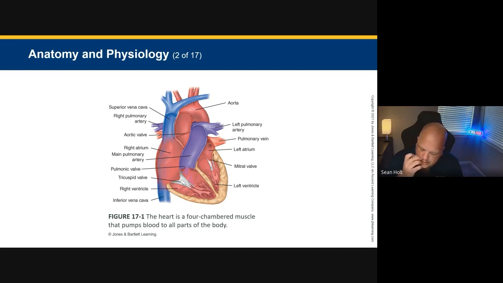So after it passes through the mitral valve, it's in the left ventricle. Okay. The left ventricle, again, the strongest chamber in the heart because of the resistance it pumps against to go out the aorta up here. Okay. So naturally, the left ventricle pumps to the aortic valve.